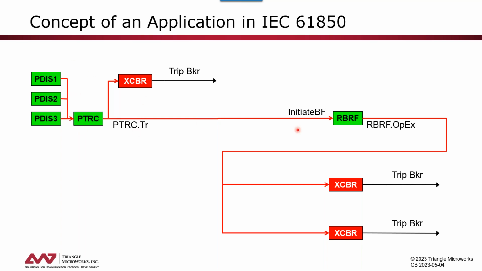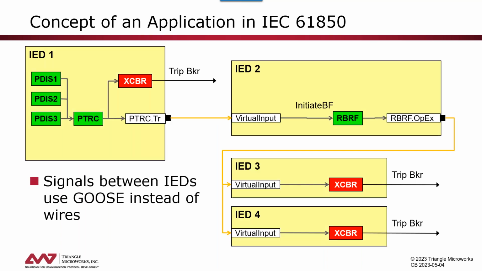So this is just the signal flow between the different functional elements, and now it depends on how we allocate the devices, and in our case we have chosen devices like this. Now you see some of this signal flow will remain internal to the device. So that's currently out of scope of IEC 61850.